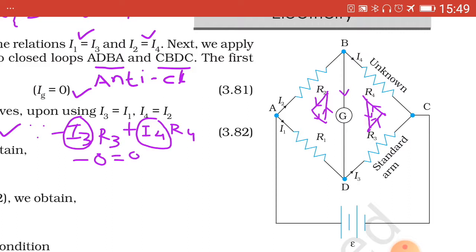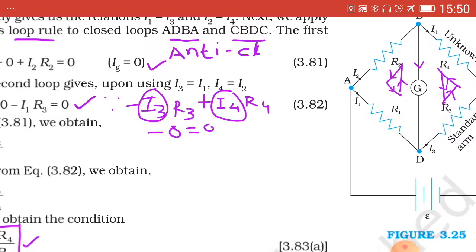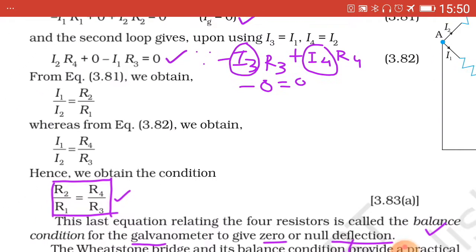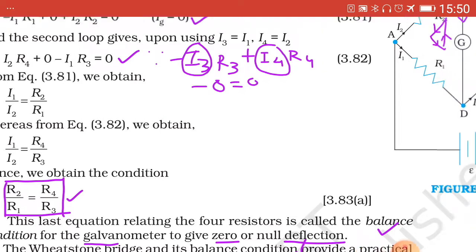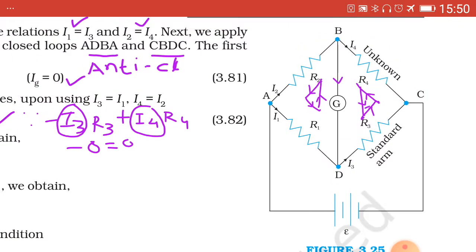Now this can also be written differently, so you don't have to simply learn upper upon lower. If you change the labeling of the resistors, then the equation will also change. The same equation can also be written as R2 upon R4 equal to R1 upon R3. From the figure also you can refer.